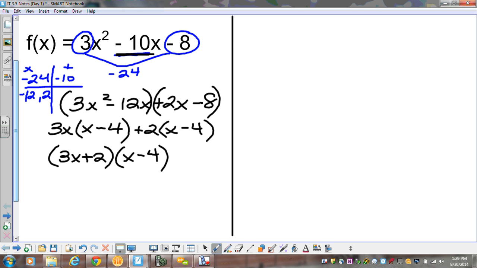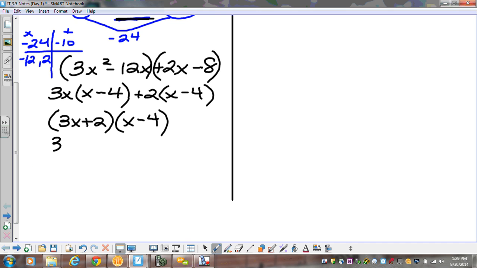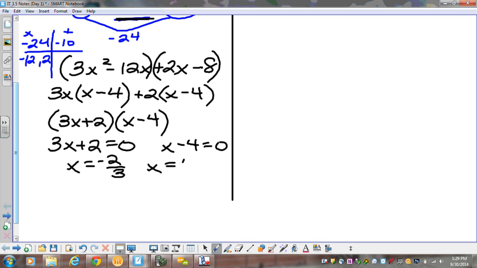Set each piece equal to 0 and solve. 3x plus 2 equals 0, and x minus 4 equals 0. I set each piece equal to 0 and I solve. So here, what am I going to get? x equals -2/3. And I'm going to get x equals 4.